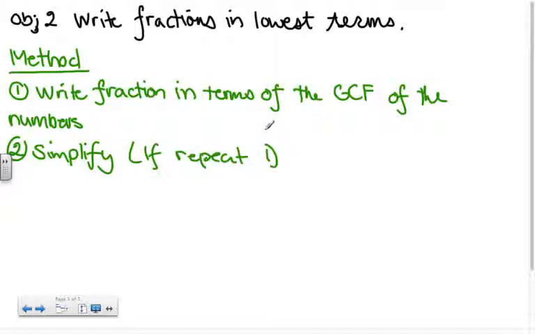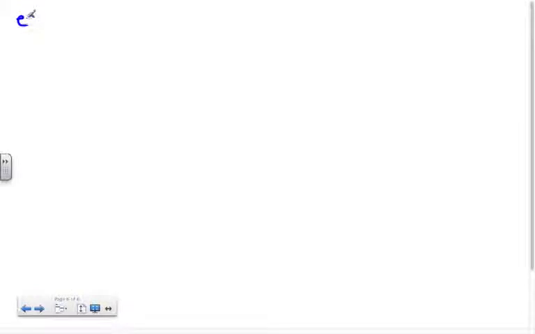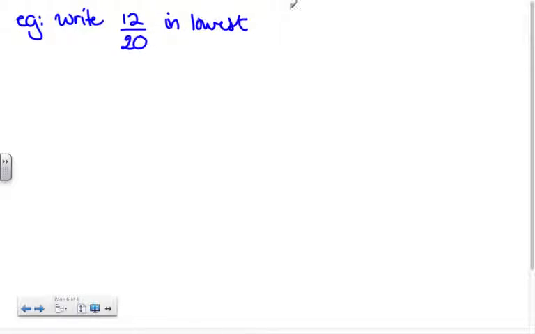So, for example, let's try reducing 12/20ths.